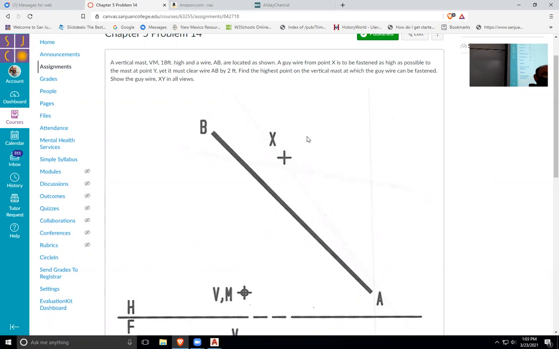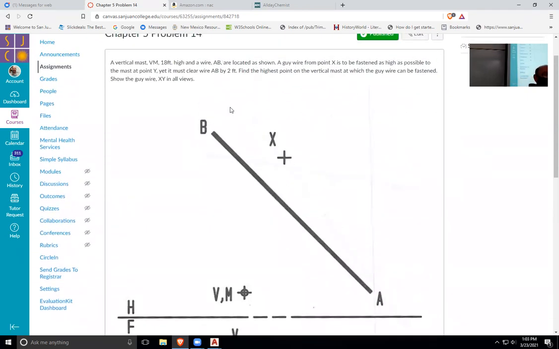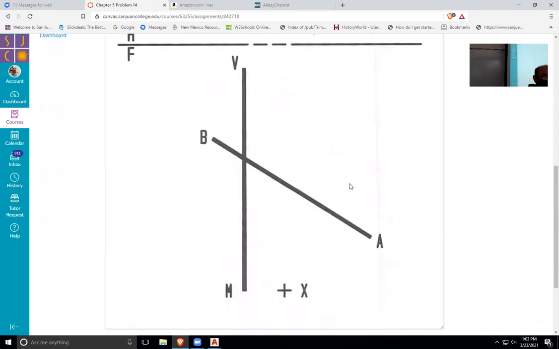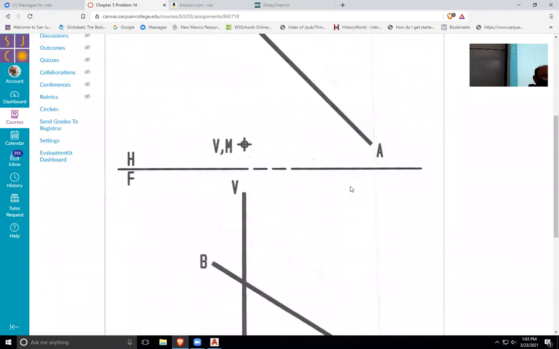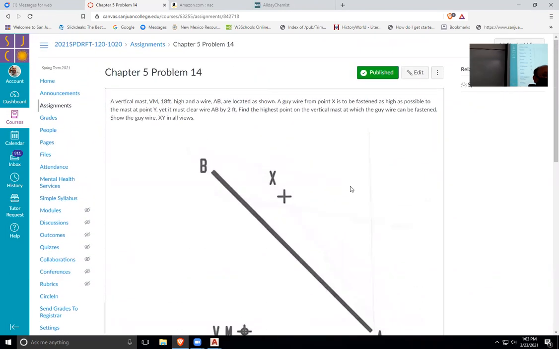A guide wire from point X is to be fastened as high as possible to the mast at some point Y, yet it must clear the wire AB by 2 feet. So this is where that came up.